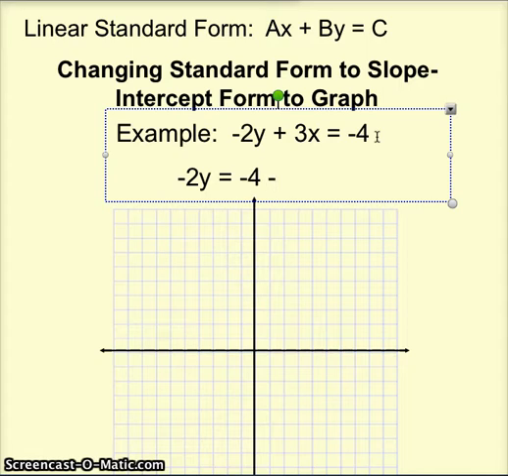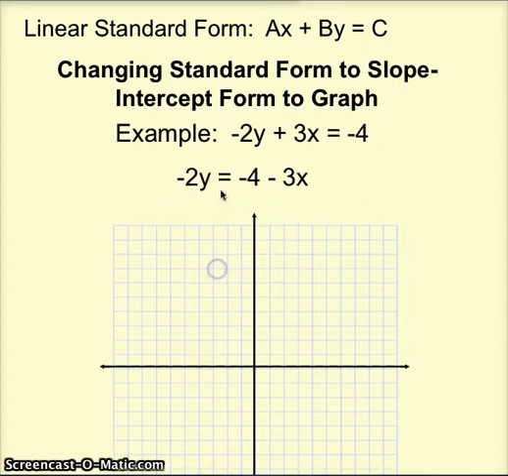-4 minus 3x. Now lastly, I have to divide both sides by -2. So I'm going to divide by -2 here, and that'll cancel that out. And then remember, I have to divide this whole side by -2. So let's divide each term by -2.